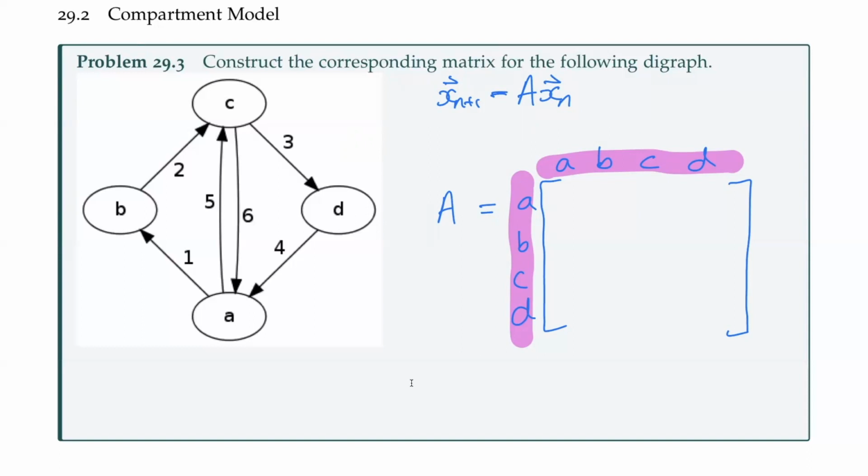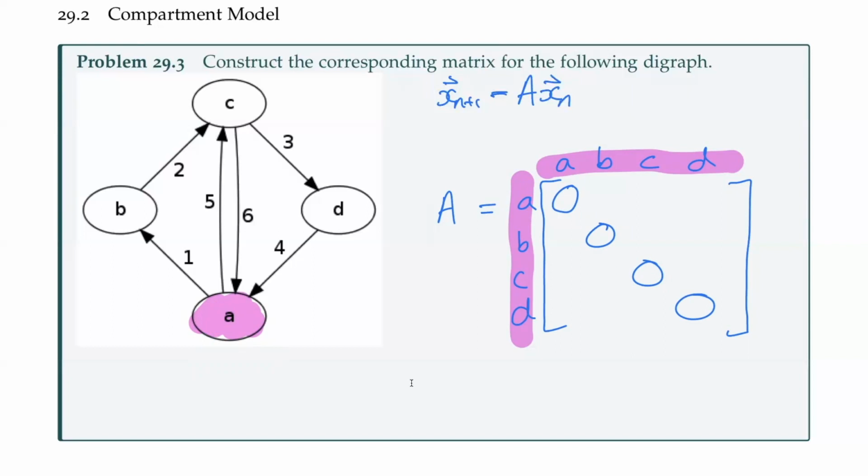Well, let's first of all look at compartment A. So a link from A to A, if there was a link like this, I'd be putting a 0 here. Okay, there's a 0 there because there is no edge linking A to itself. In fact, there's no edge linking any of these nodes to themselves, any of these different classes. So we know that on this main diagonal, we're going to have zeros.